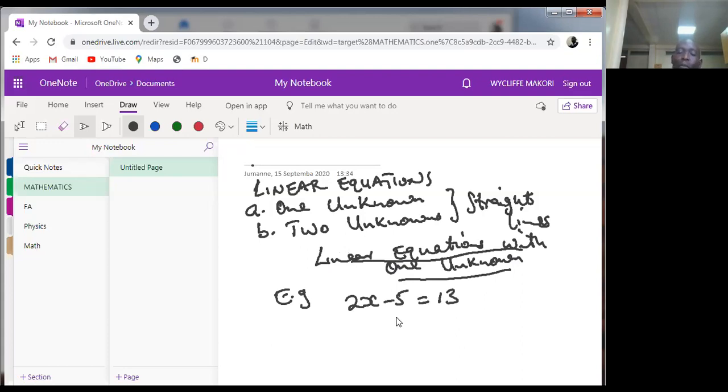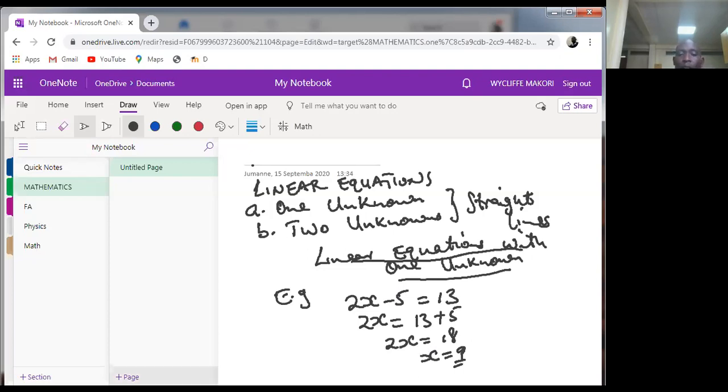In this case, we normally take the constant terms to one side and remain with the unknowns on one side. Negative 5 can be taken to the other side so that we remain with the 2x. So 2x is equal to 13. Negative 5 goes to the other side to be plus 5, so 2x is equal to 18. So x is equal to 9, which is 18 divided by 2.